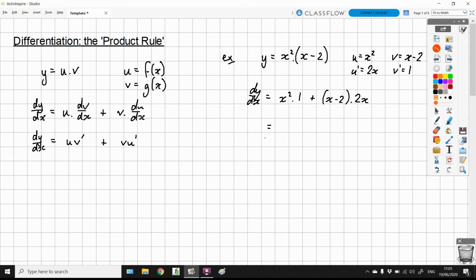This term and this term, the highest common factor that they possess is x. If I factorise using that as the common factor, then I have x times the bracket x plus 2x minus 2. And now I can simplify the contents of the square bracket. x plus 2x minus 4, x bracket 3x minus 4.